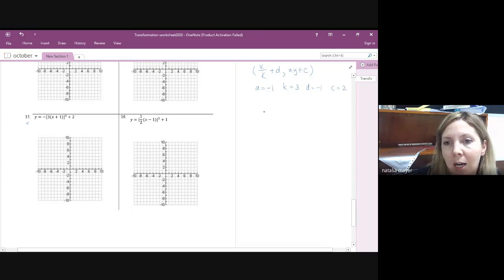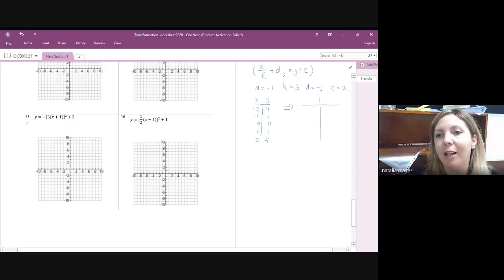So I always recommend to have the key points table in front of you. You remember negative 2, 4, negative 1, 1, 0, 0, 1, 1, 2, 4. And now we show how to move from the parent function key points to the new points.